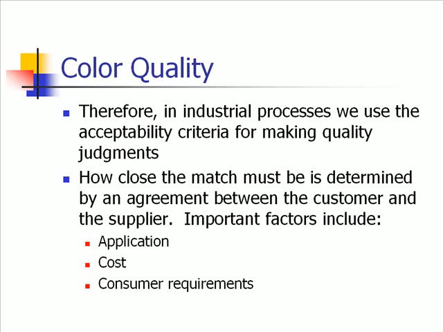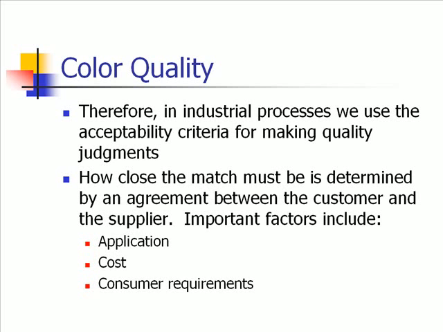Well, that's not going to work. Cost is certainly a consideration there. The closer you want the tolerances, most likely the more it's going to cost you. And also what the consumer requires. If the consumer requires very tight tolerances, then that's what you have to meet. If they don't, then you can have more relaxed tolerances.